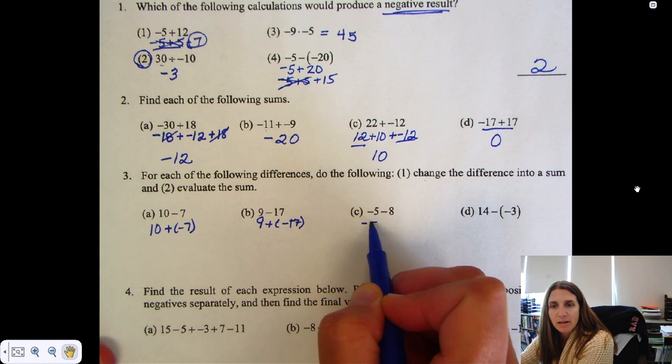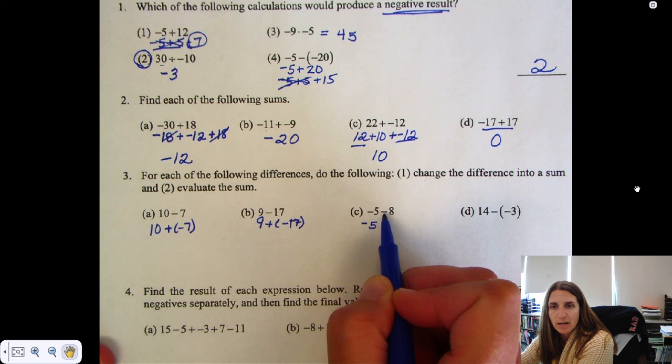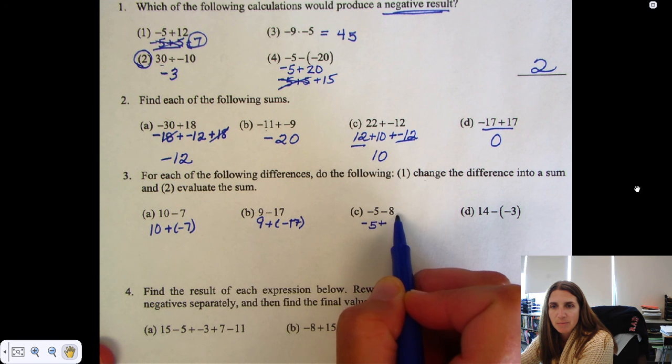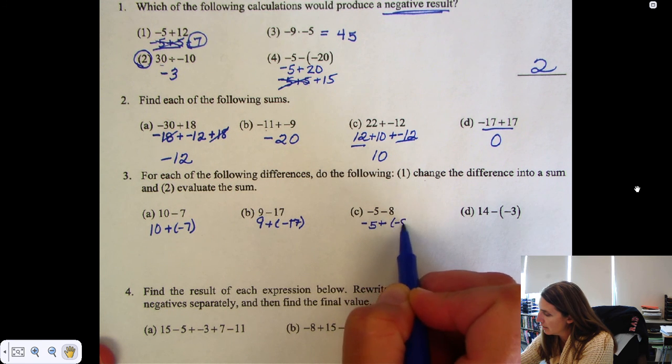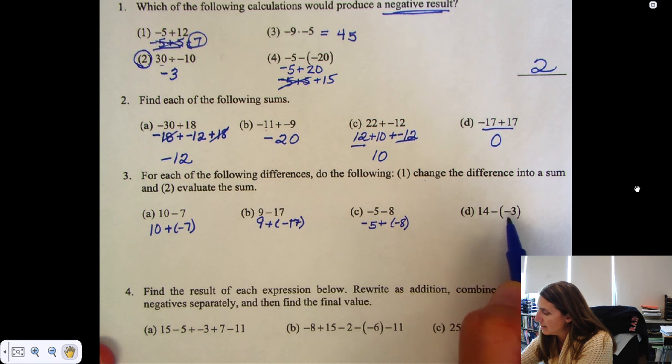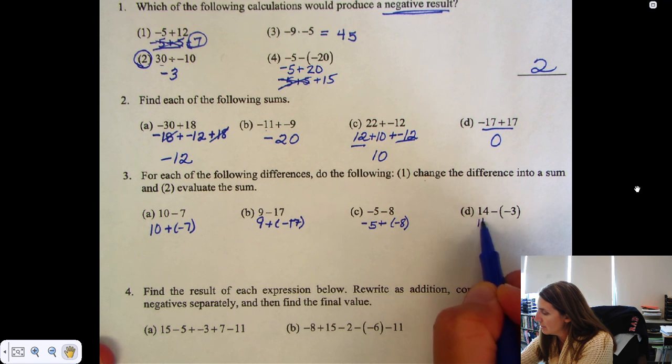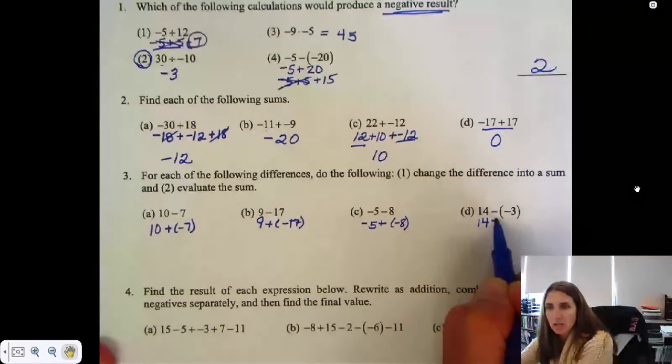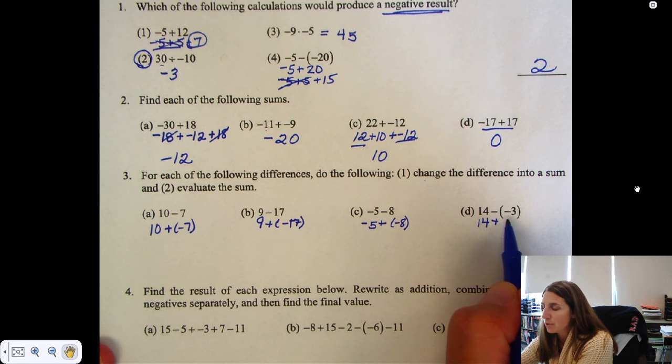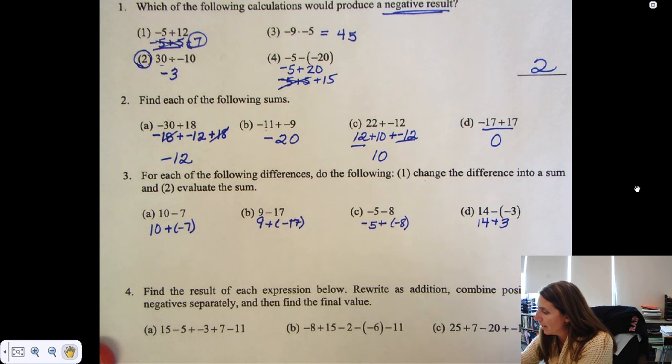C, keep the -5, change subtraction to addition, the opposite of 8 is -8. And D, keep the 14, change subtraction to addition, the opposite of -3 is +3. Now I need to evaluate the sums.